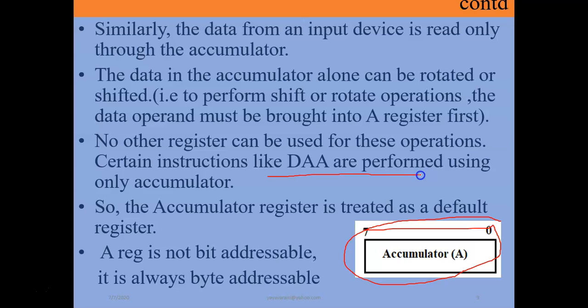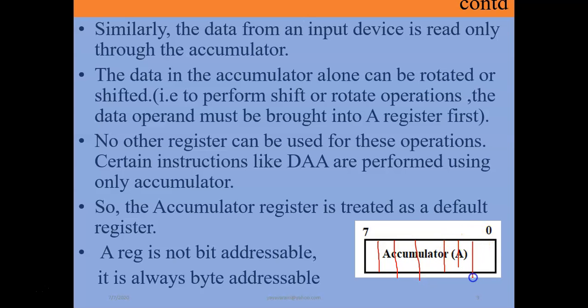And what is the disadvantage here? This accumulator is only a byte operation. That means all the 8 bits of the data must be operated at once. Unlike microcontrollers, this is not bit addressable. That means you cannot access each bit, D0 separately, D1 separately. Suppose I have 8 bits here, say for example 1011010, something, 8 bits assume.